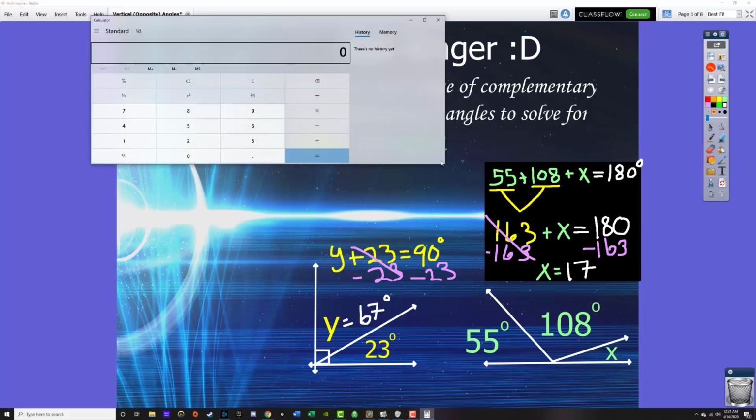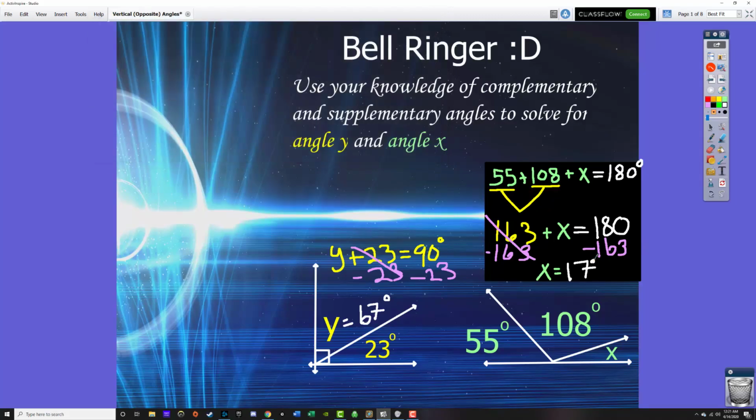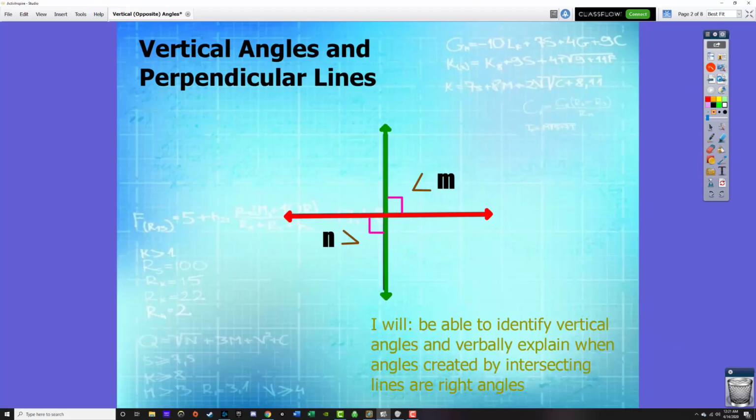And once again, let's use our handy dandy calculator just to double check. 180 minus 163 equals 17. Very good. So angle X right here is equal to exactly 17 degrees. And there we go. We are done. So let's go ahead and move forward.